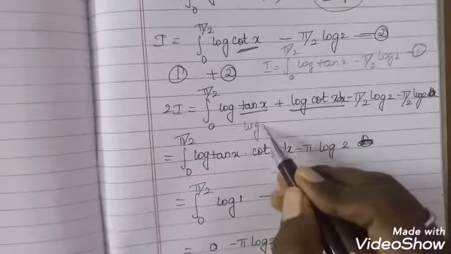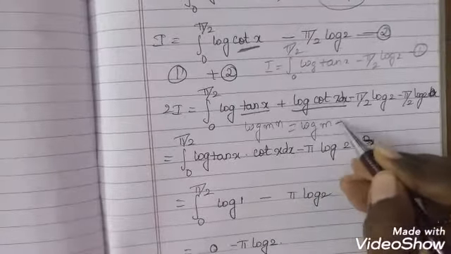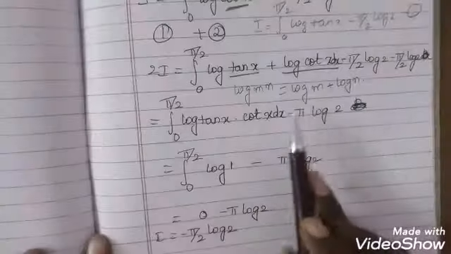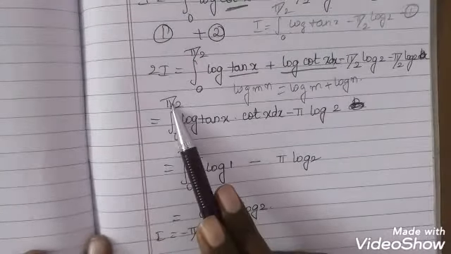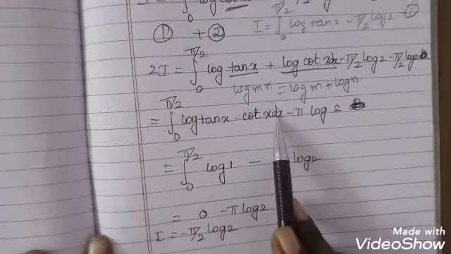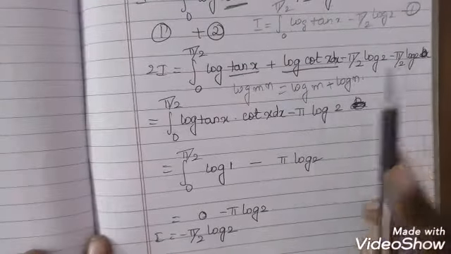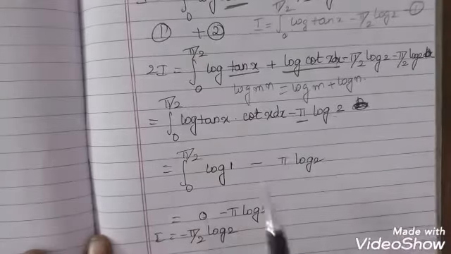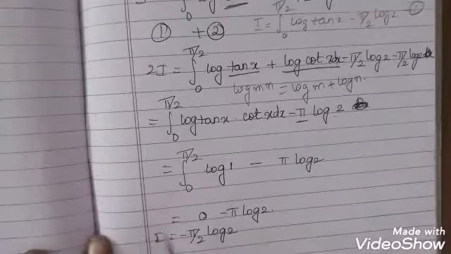Log of mn is nothing but log m plus log n. So using this formula, I can write it as the integral over 0 to pi by 2 of log of tan x into cot x dx, minus pi by 2 minus pi by 2, which gives minus pi log 2.